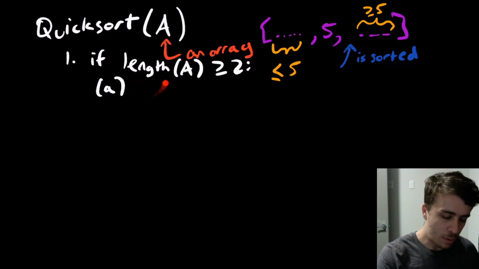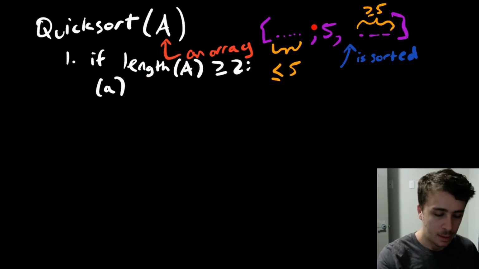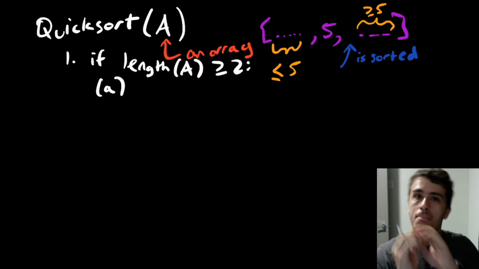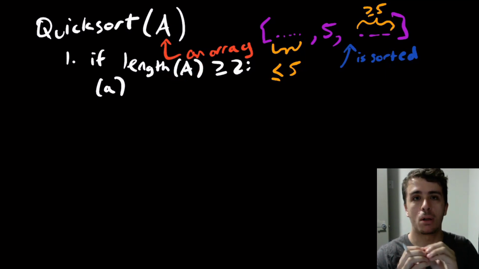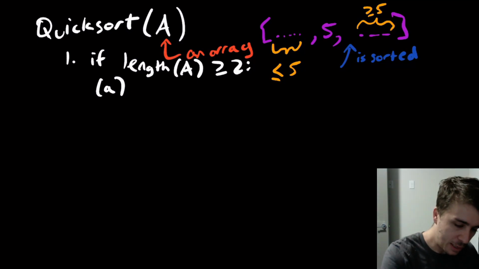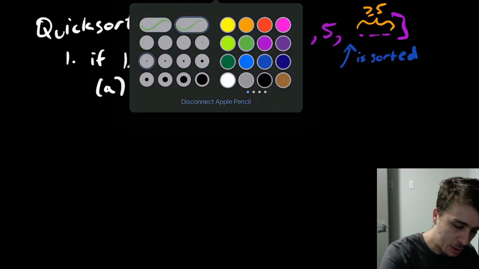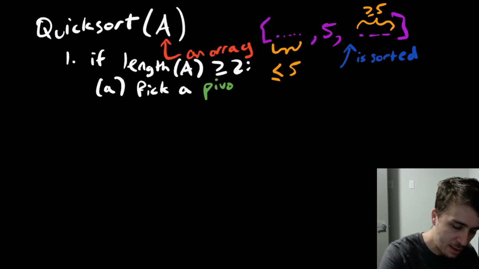So what we will do here is try to pick some element of this array and move all of the smaller elements to the left of that element, wherever it is, and all of the bigger elements to the right side. Here, we're going to pick what is called a pivot element.